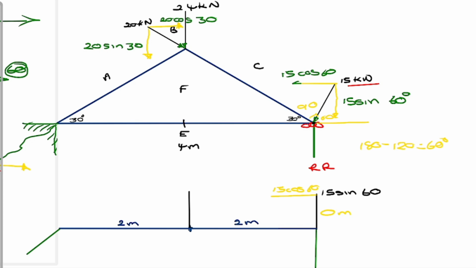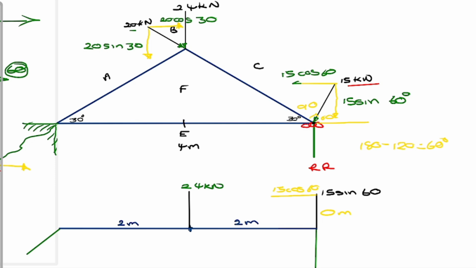So this is the 24, our 24 kilonewton member. But also on the 24 kilonewtons, what else do we have, guys? We also happen to have the 20 kilonewtons. You can see it's acting on the same point.